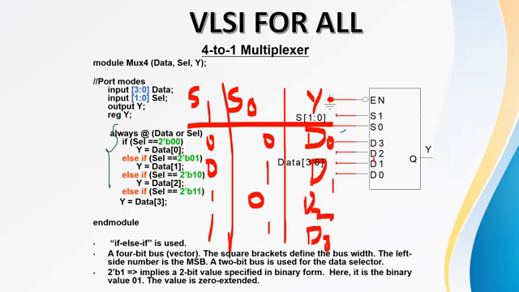You can take anything, A, B, C, but I'm taking it as D0, D1, D2, D3. So for this, we have the output.